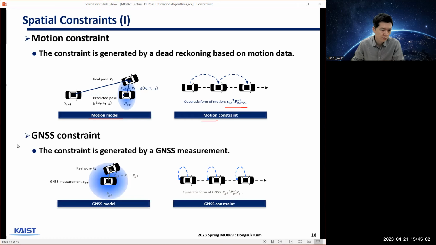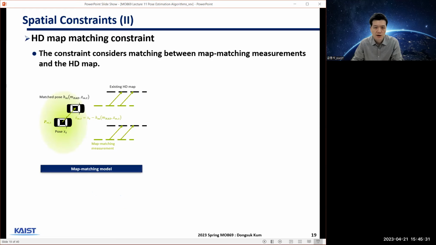And we can do the same for GNSS. GNSS also gives you a distribution, and we need to compute this quadratic form for GNSS. And then next we have the map matching cost.